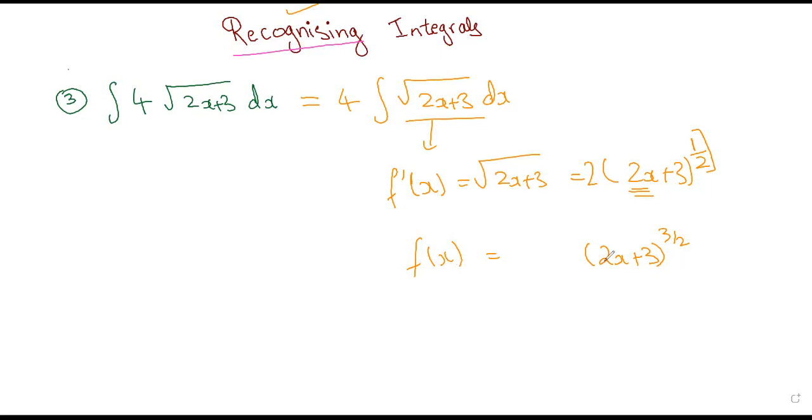If this would have been our f of x, the 3 by 2 part is sorted, but the second point is that the derivative of the inner function comes here. So this is not the case. So this means that we have 1 by 2 here, right? Yes. And then there's another thing which is missing. Just give me a second.